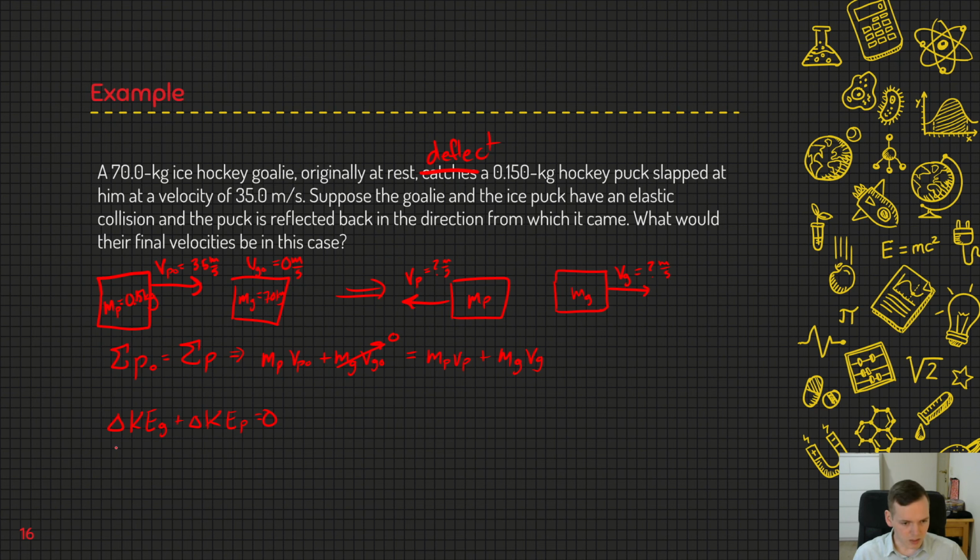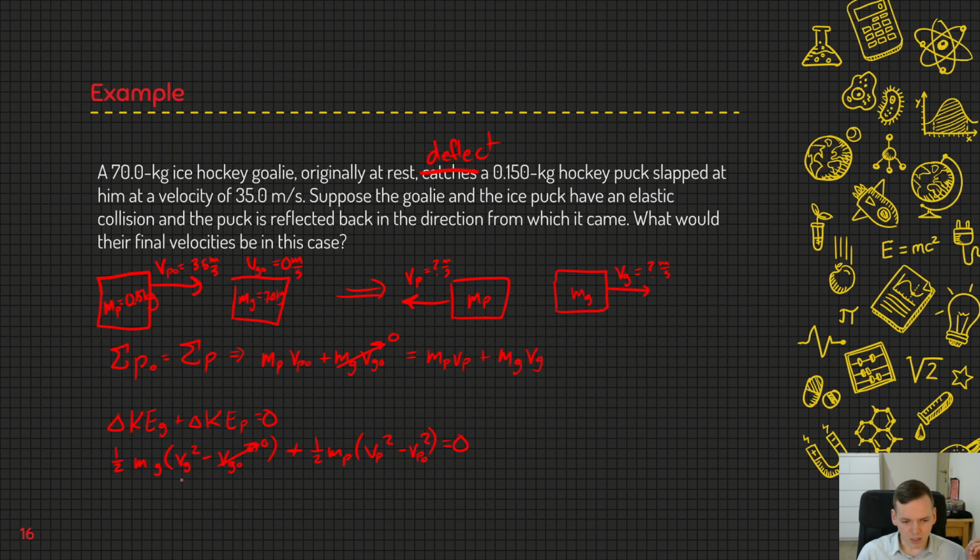So this will be 1/2 mass of the goalie times the velocity of the goalie squared minus the velocity of the goalie initially squared, which is going to be 0, plus 1/2 the mass of the puck times the velocity of the puck final squared minus the velocity of the puck initial squared, and that's all got to equal 0.